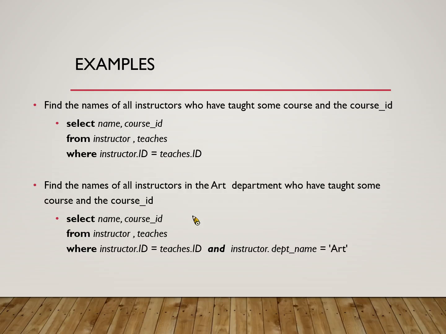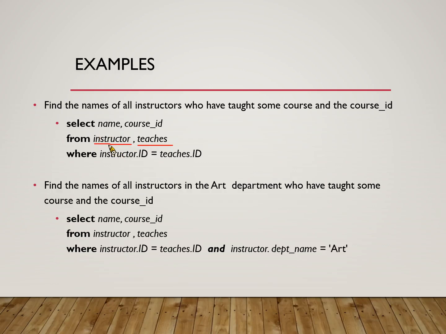And now let's examine some examples. Find the names of all instructors who have taught some course, and the course ID. So here, we ask which relations these attributes we need come from. And here we can find we need the instructor and teaches relations.